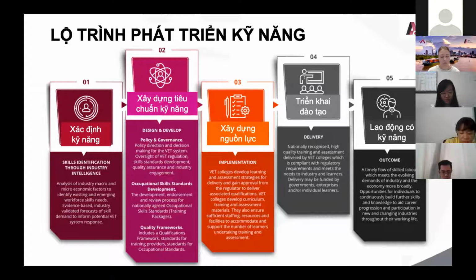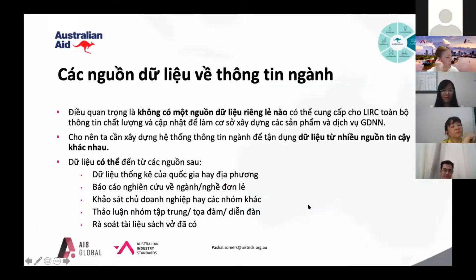It helps us identify where those skill gaps are, where we need to be focusing on developing new course material, what modifications we need to be making to existing training courses. This is another important element. This is how we make sure that we don't stand still and miss the emerging opportunities that are occurring through economic change in the sector. And then, of course, we move into delivery.